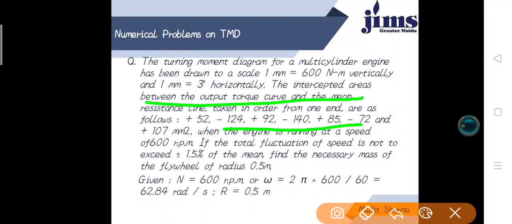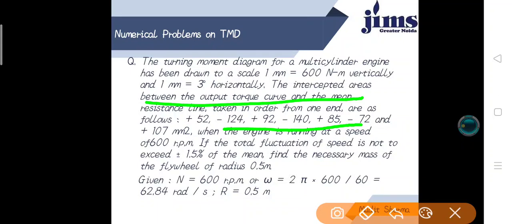These areas represent the energy above or below the mean resisting torque line. Like 52 is above the mean torque line and minus 124 is below the mean torque line. We already talked about this.